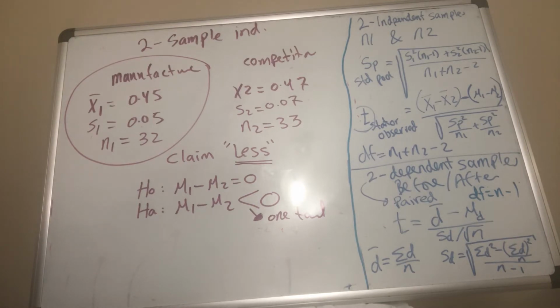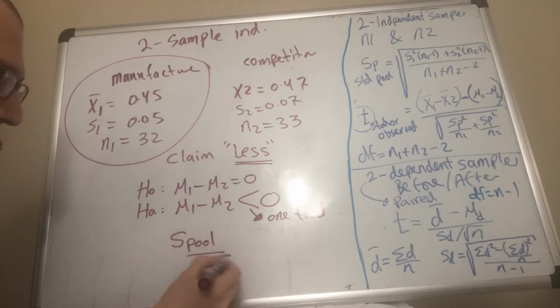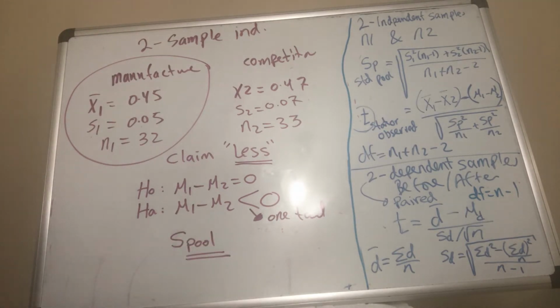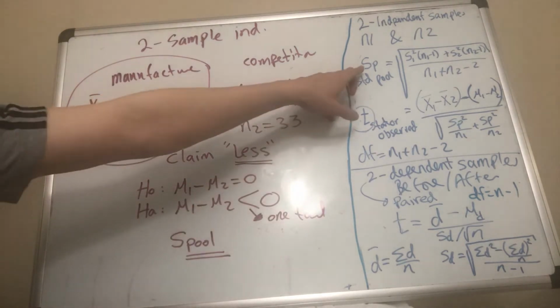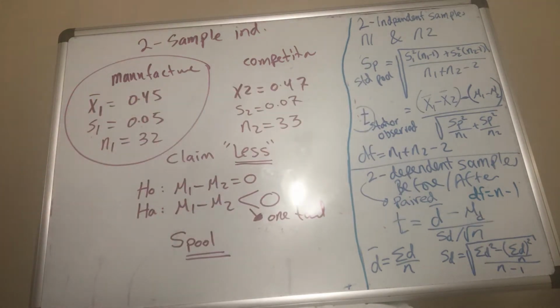So after stating the hypothesis, they ask you, what's the pooled standard deviation? So standard deviation, or S of pool. In the formula sheet, you will see a formula for SP. So I'm going to tell you what the formula is.